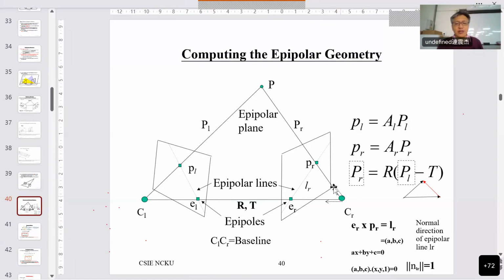Transfer it to the right camera and it will be P right. And the relationship between these two points will actually be the same as the relationship between the left-side camera and the right-side camera. So it will include rotation and translation. 3D to 3D, the information is rotation and translation.